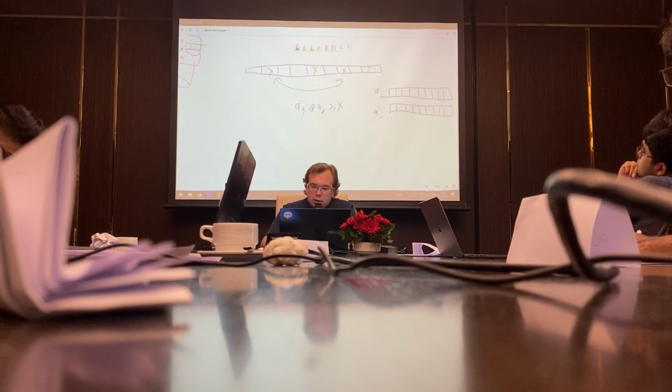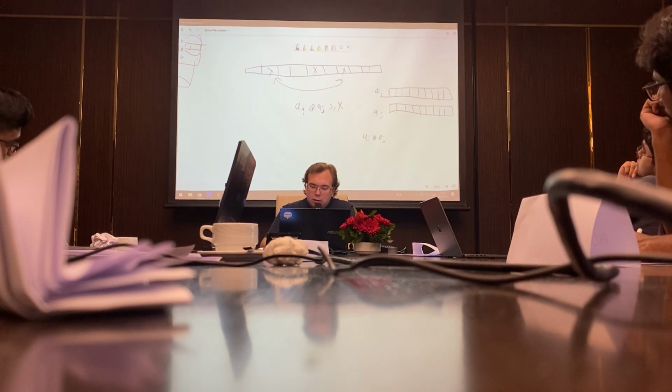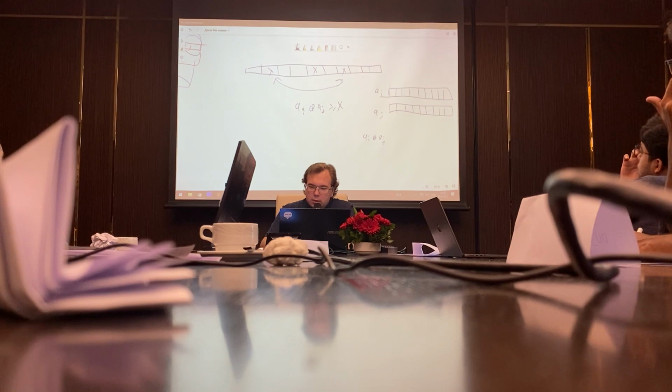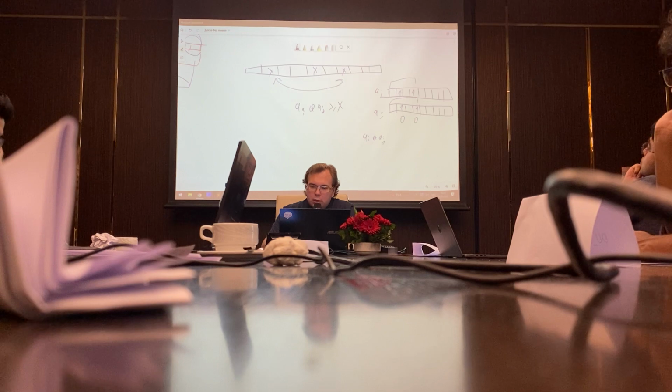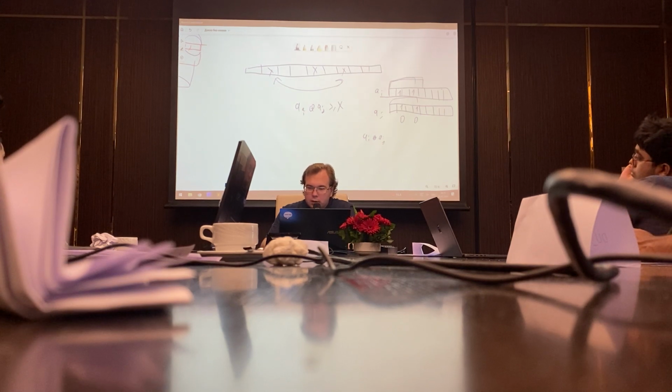So the XOR of a_i and a_j is as small as possible when the prefixes are equal, because if the prefixes are equal, after the XOR operation there will be zeros, and the bigger the common prefix, the smaller the XOR.